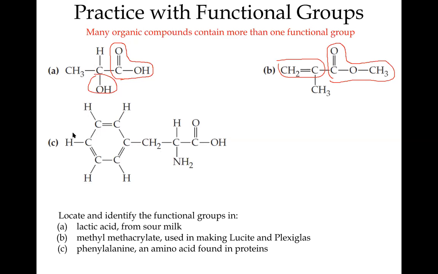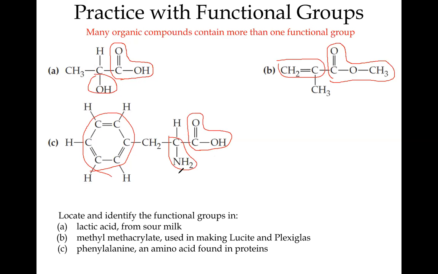And then finally, we have an aromatic ring here, right? 6 carbon ring, alternating double bonds. What else do we have? Well, we have another carboxylic acid group. And we have a carbon bound to just a nitrogen.